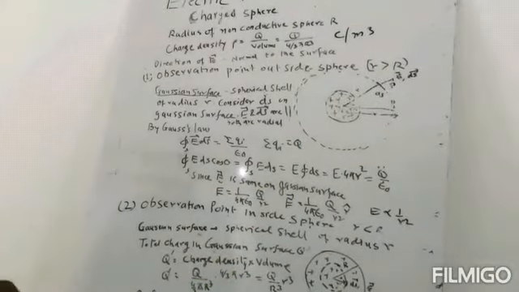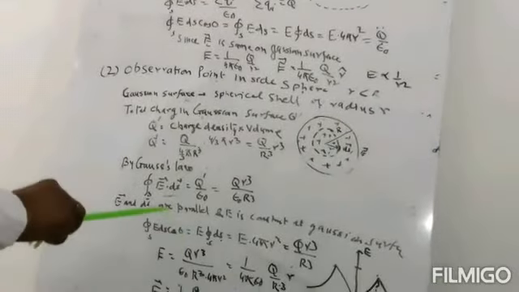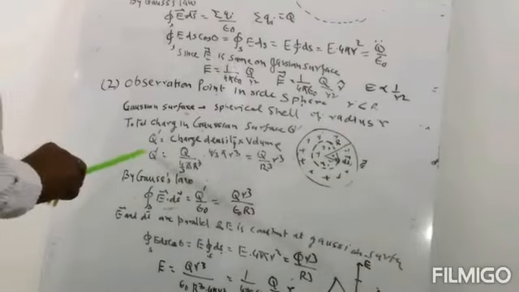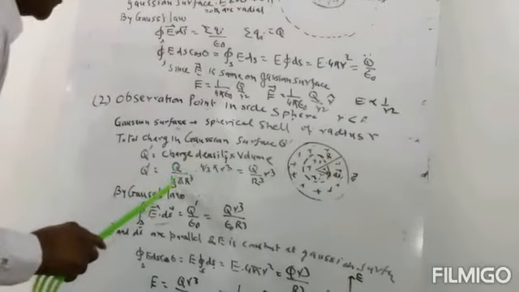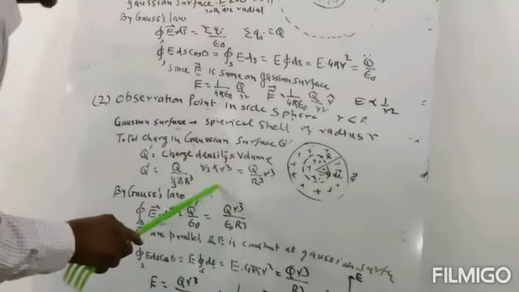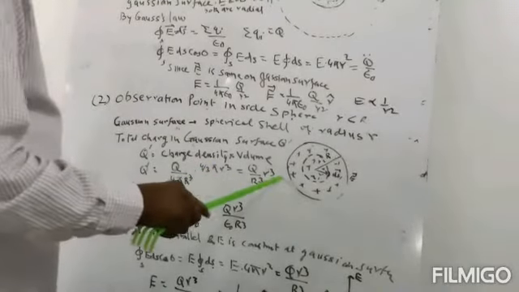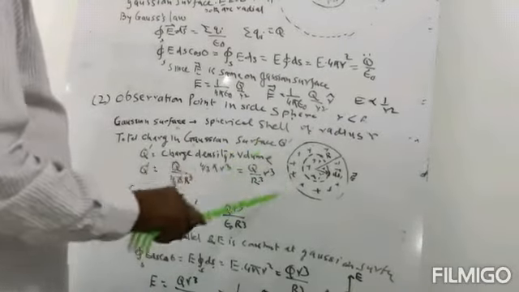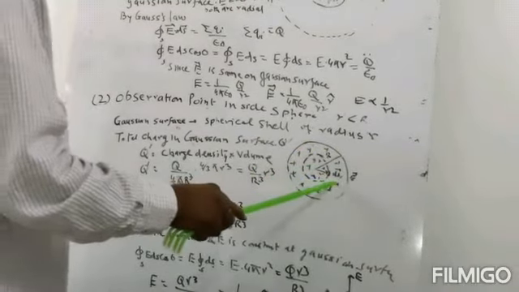So this will be equal to Q divided by 4/3 pi capital R cube, multiplied by 4/3 pi small r cube. 4/3 pi cancel. So it will be equal to Q small r cube divided by capital R cube. So this will be the total charge inside the Gaussian sphere whose radius is smaller.